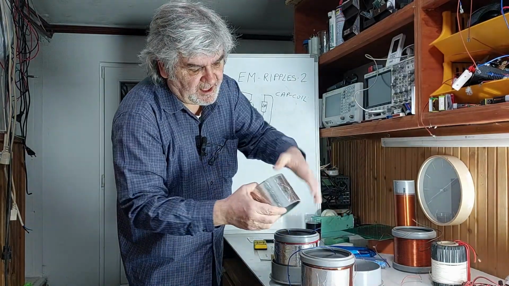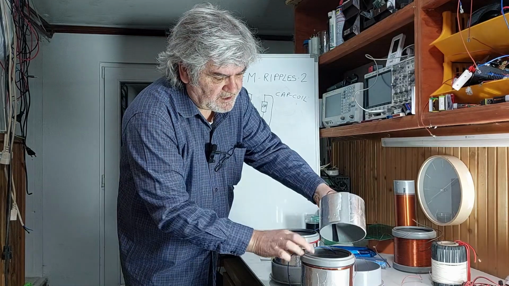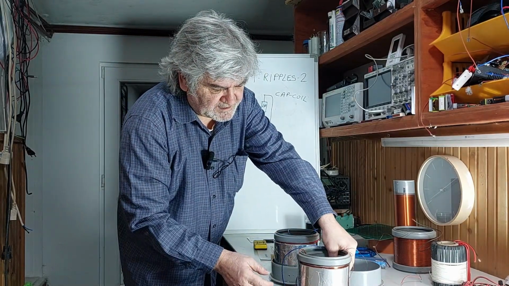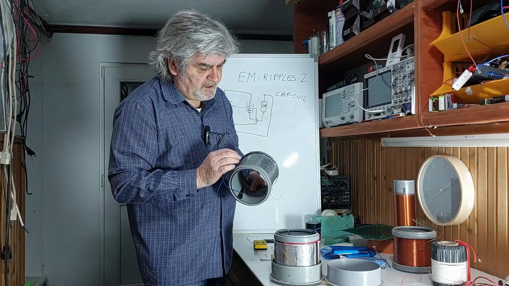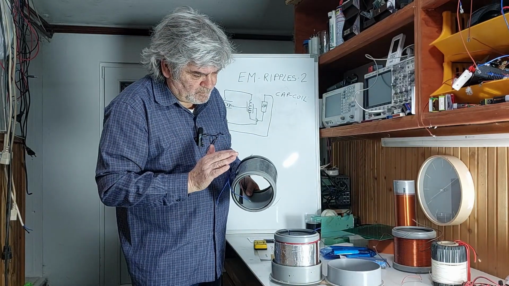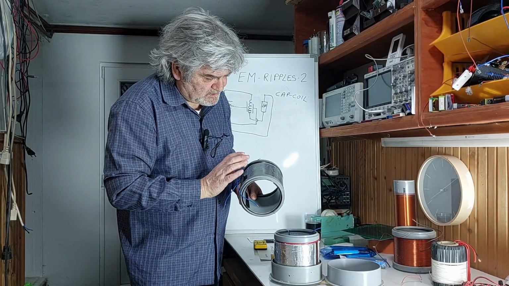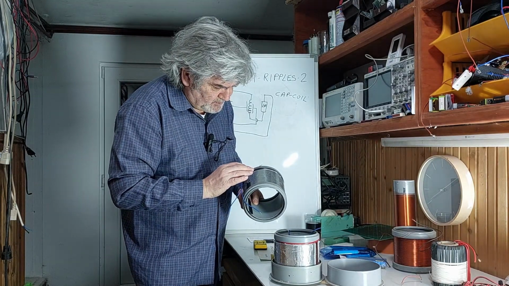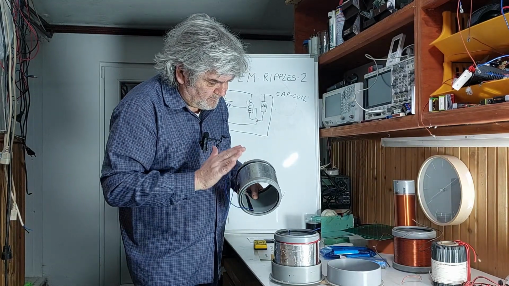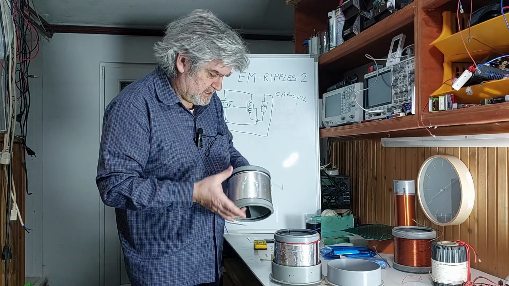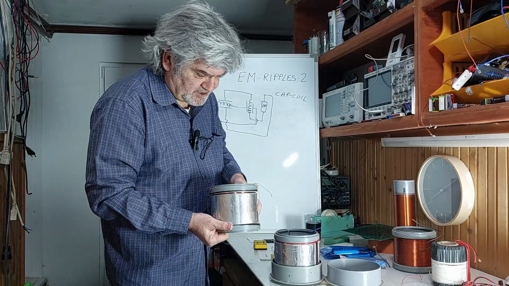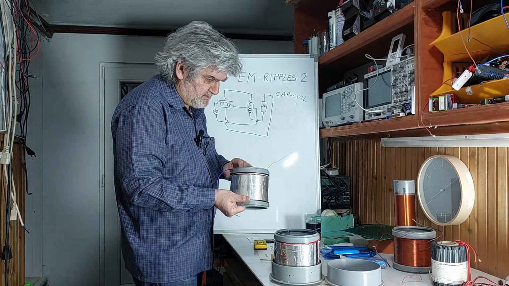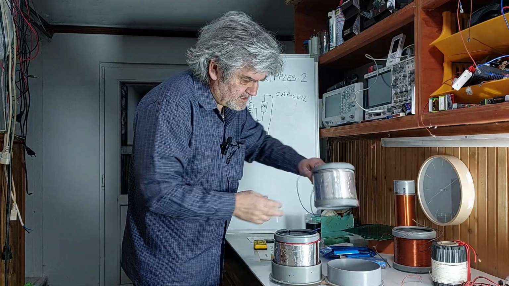It also has a gap. It's not connected. If you make it very tight to get high capacitance, then you need high energy to get proper results. So it's better to work like this.